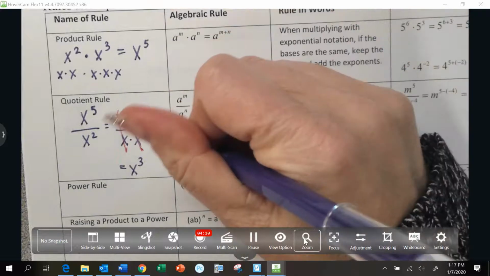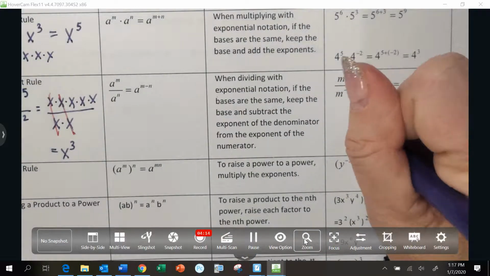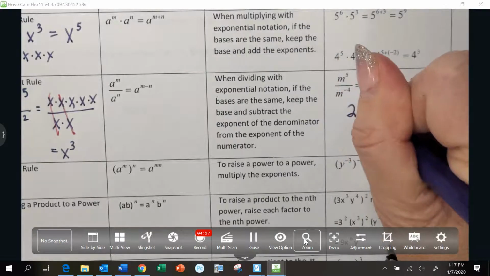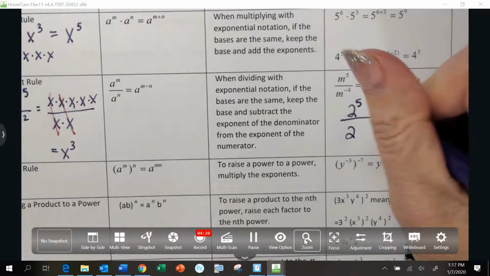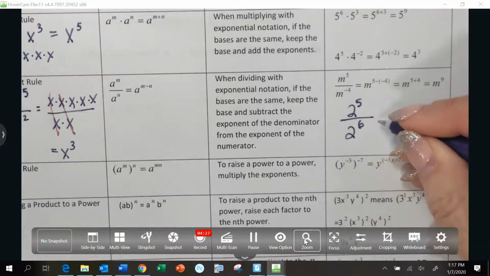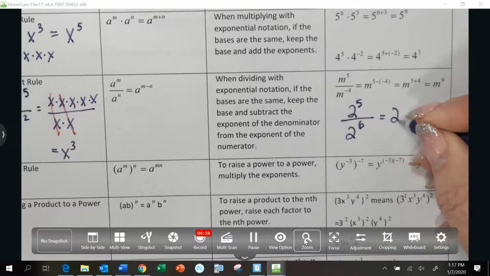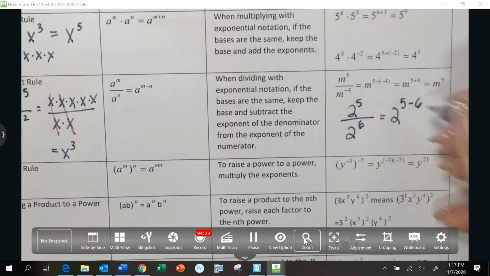I'm going to give another example. I'll throw it over here on the corner. If I have 2 to the 5th over 2 to the 6th, if I subtract these, I get 2 to the 5 minus 6.